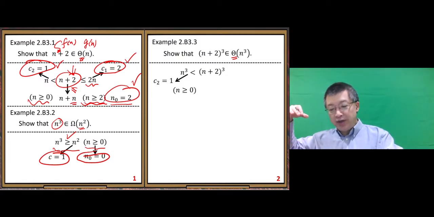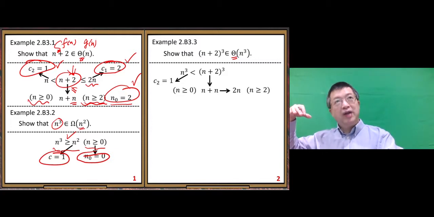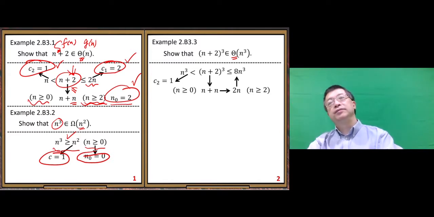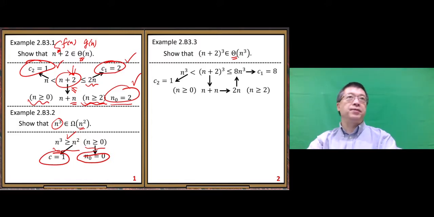Now let's work on the upper bound side. We still replace 2 by n, so we get 2n, and we know n should be greater or equal to 2. Then we take the cube of 2n, and we get 8n cubed. So our C1 equals 8.